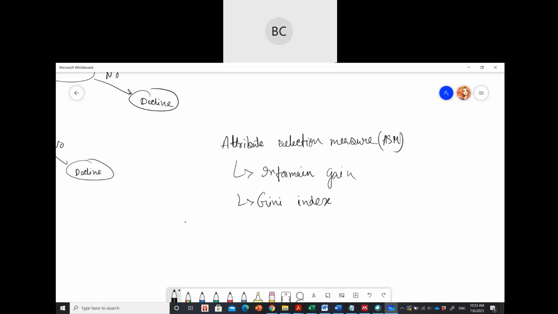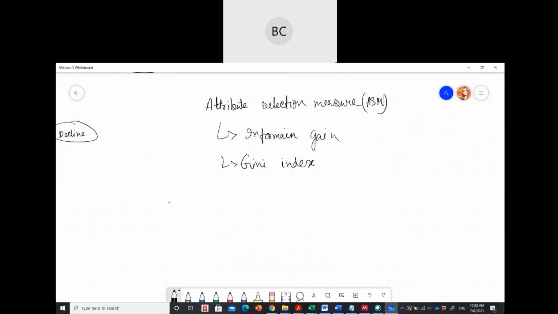According to the value of information gain, we split the node and build a decision tree. Decision tree algorithms always try to maximize the value of information gain, and the attribute having the highest information gain is split first.